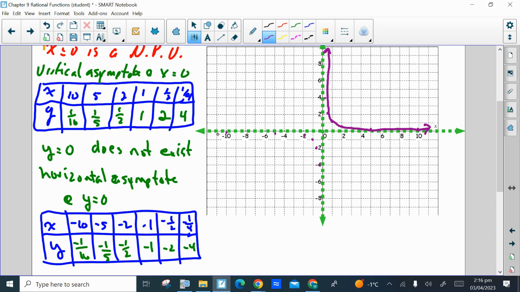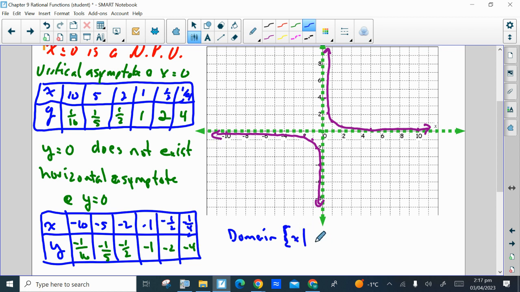And so this is the other arm, the other branch of the graph, or something like that. If we want to state the domain of this graph, I'll use set notation.